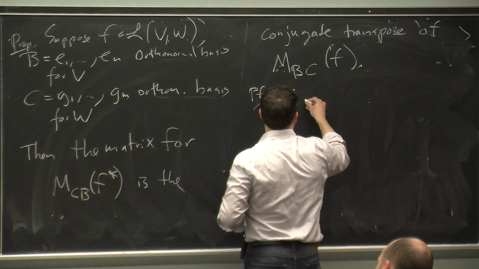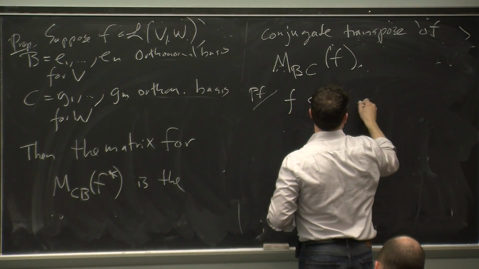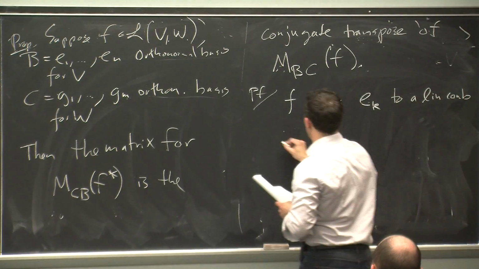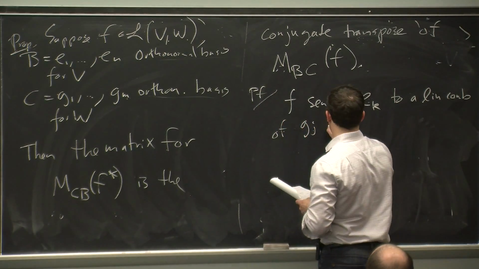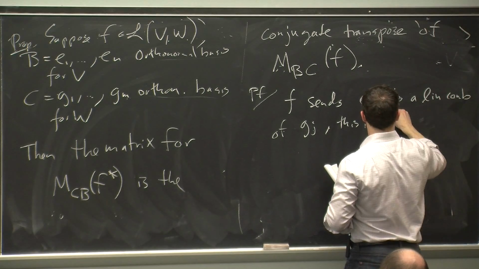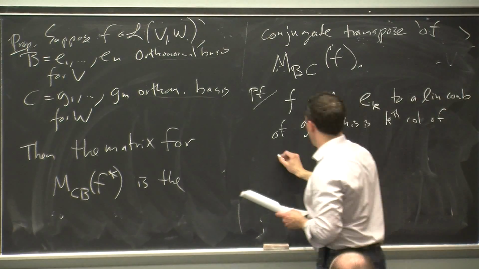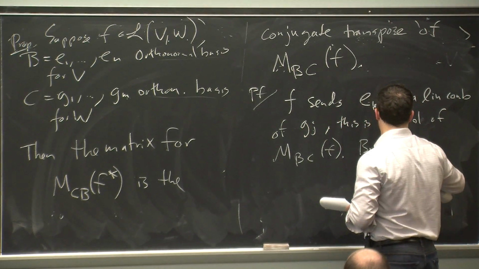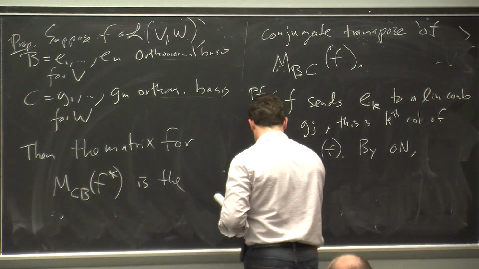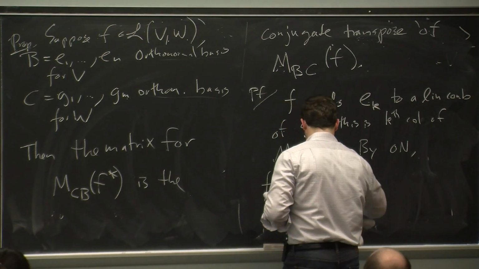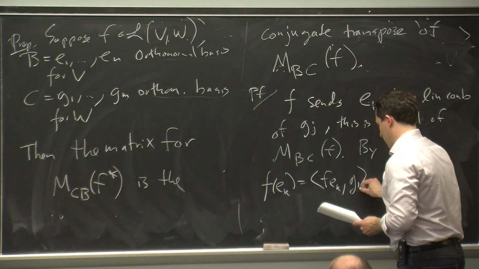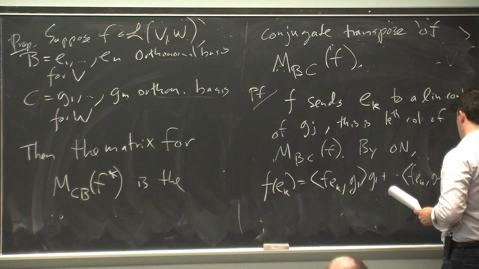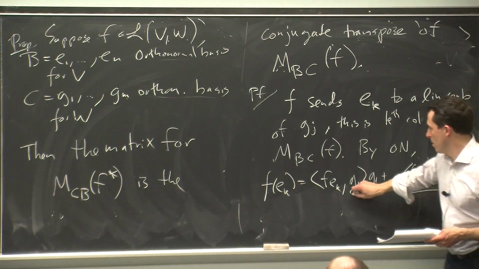F sends each basis element to a linear combination of the Gj, and this is the kth column of the matrix with respect to B and C of F. And by orthonormality, I can compute the coefficients, namely F of Ek is ⟨F of Ek, G1⟩ G1, and so on, ⟨F of Ek, Gm⟩ Gm. So these are the coefficients that show up in the matrix.